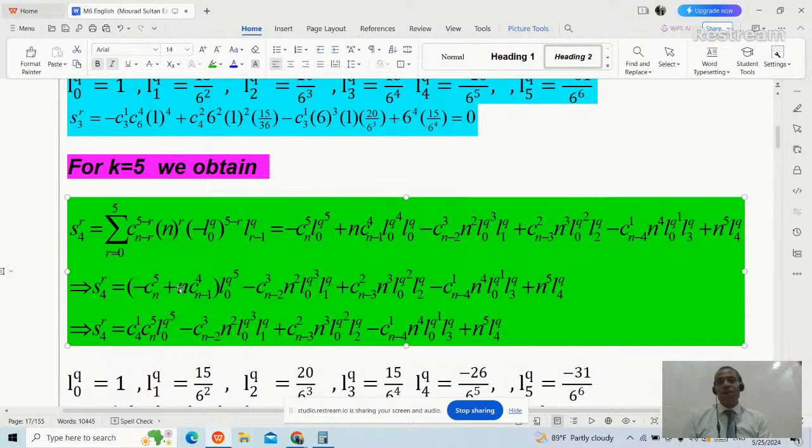Therefore, I will just change this one if it is possible. Of course, I will write L0 for the q raised to the power 5, learners, multiplied by negative combination n choose 5 plus n combination n minus 1 choose 4. This term, learners, is just in fact the combination 4 choose 1. There is a secret in fact. You see, as 4, that's why here you should write combination 4 choose 1.